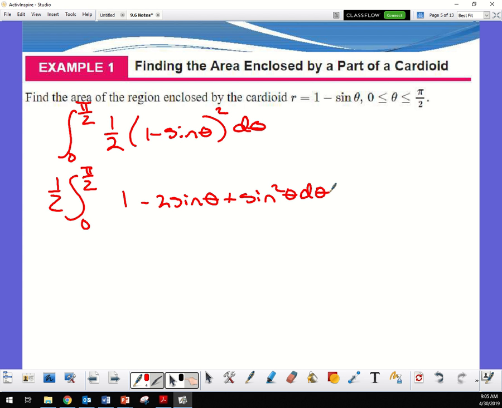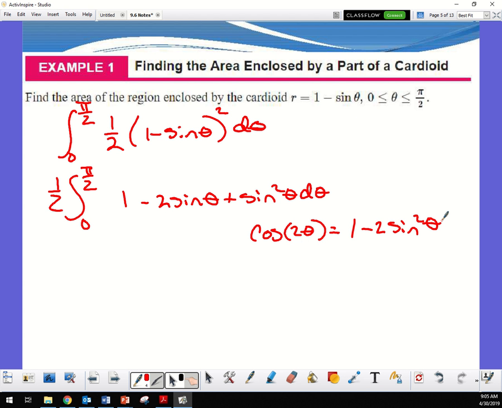Sine squared theta is equal to... actually, let's look at the double angle first. Cosine 2 theta equals 1 minus 2 sine squared theta, right? That's the double angle identity.